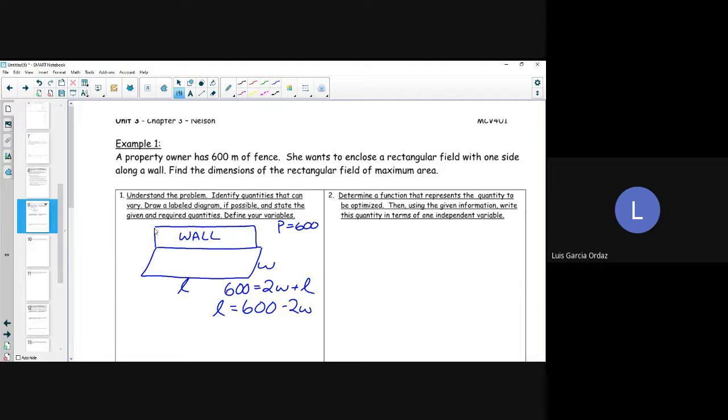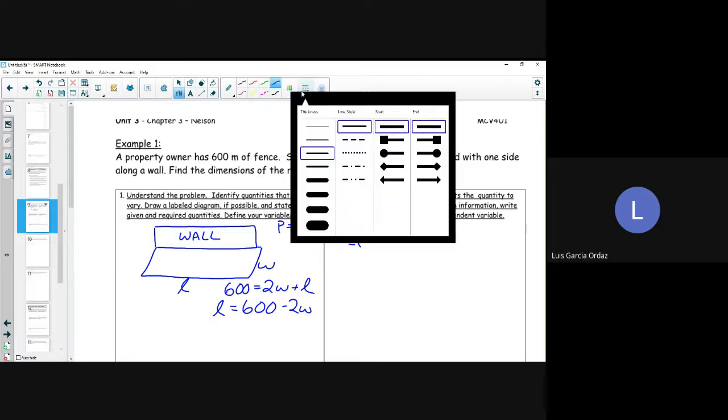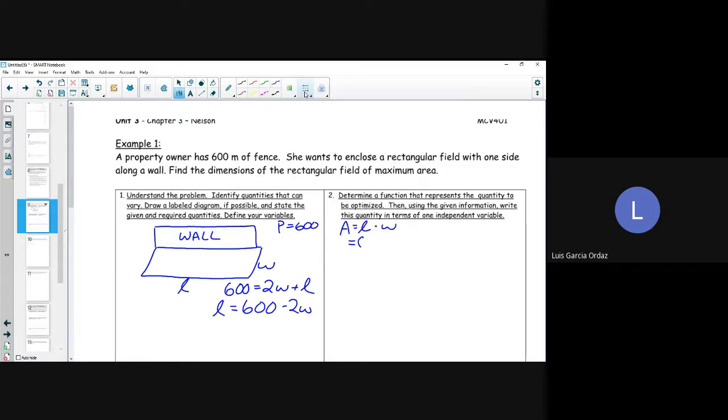So you have area is equal to length times the width. So we know from our simplified expression for the perimeter that the length is equal to 600 minus 2w. So I can write 600 minus 2w times w, and then I can expand that.